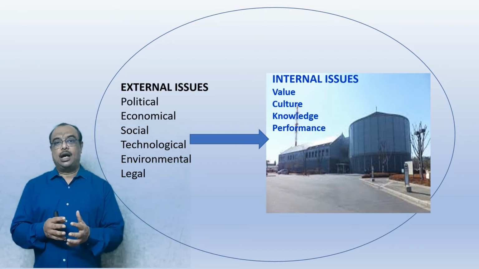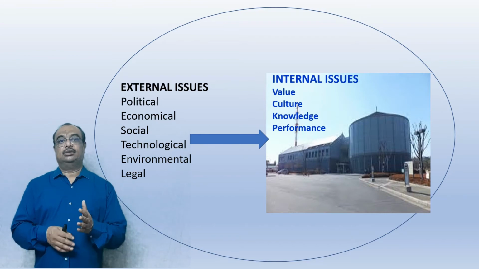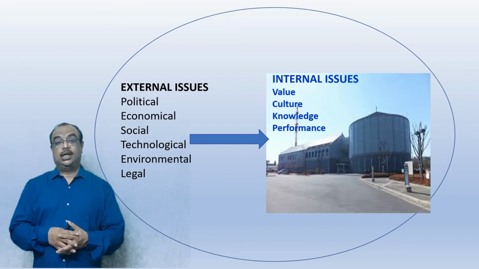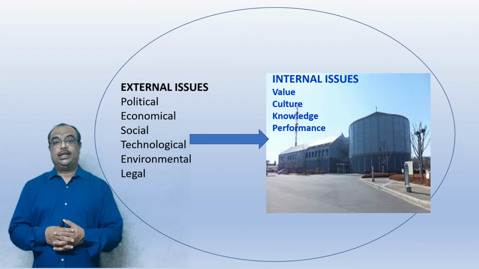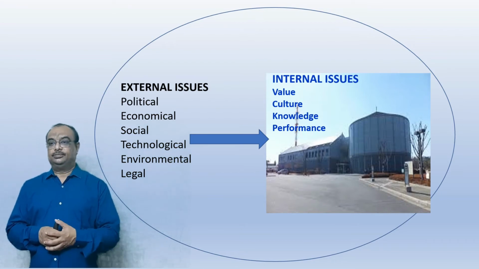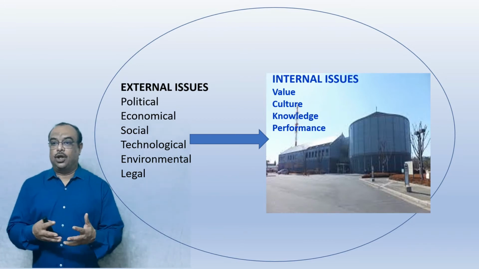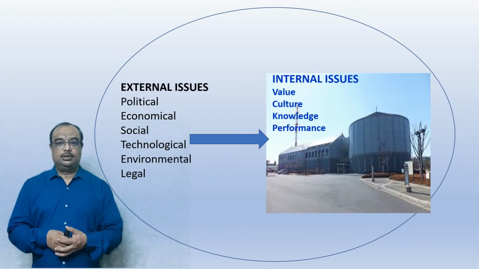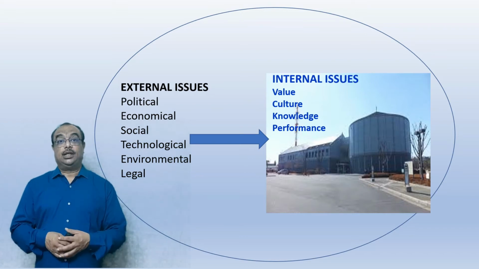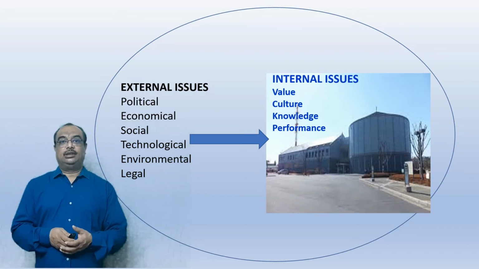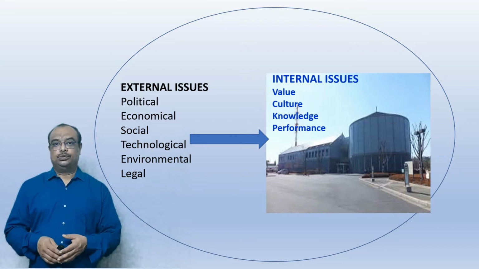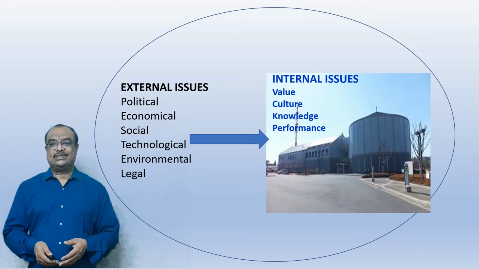This is just an example to understand the external issues. And there are some internal issues. Internal issues could be values, knowledge, performance. These are some internal issues. Let's understand these external and internal issues further in the next slide.